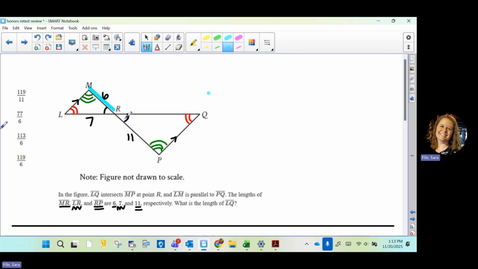Do y'all agree? Okay. Now, another option is to write your similarity statement. You could say triangle something is similar to triangle something and see the order of the letters. If I named this first triangle LMR, remember, the first one I get to pick how I name it. The other one I have to make sure it corresponds. So what was congruent to L?